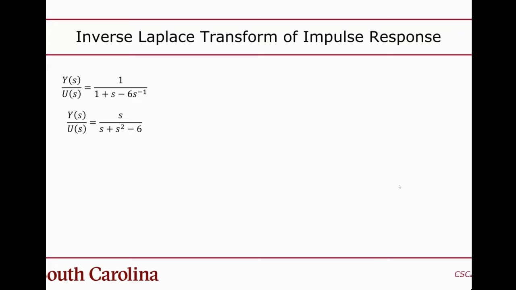Now in this case, I want to put it into the standard form. The standard form is to have the denominator be a polynomial where the smallest power of the polynomial is 0. In order to do that, I can just multiply this transfer function by s over s. So in the numerator, instead of 1, that becomes s.